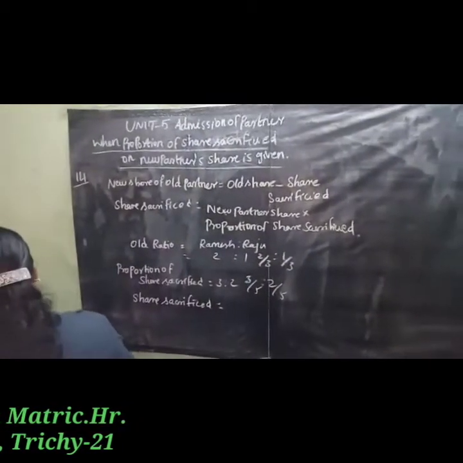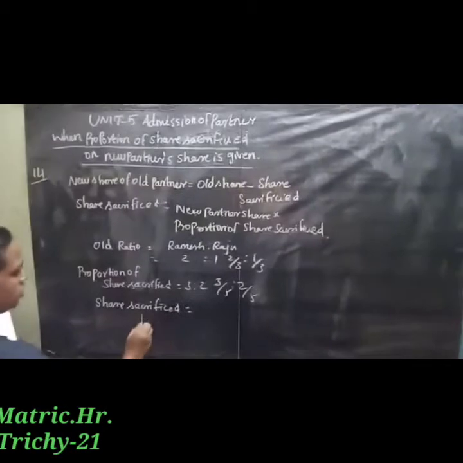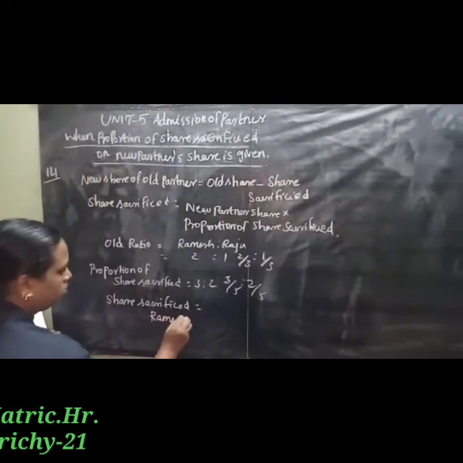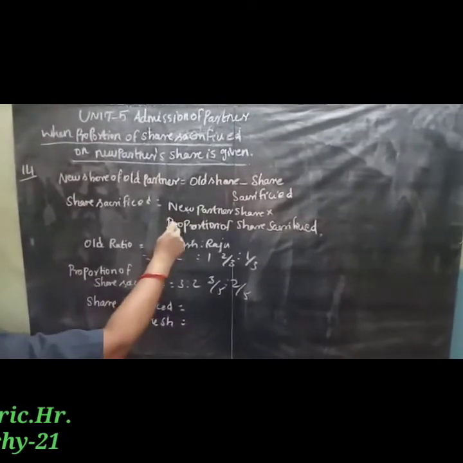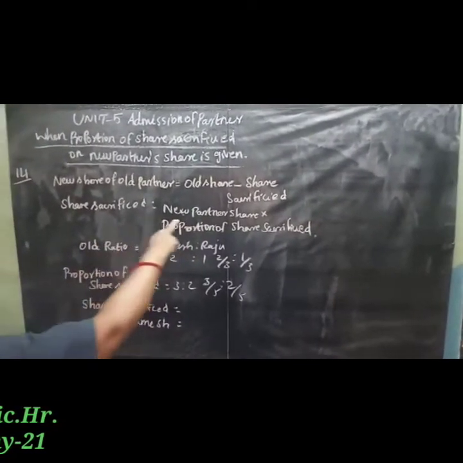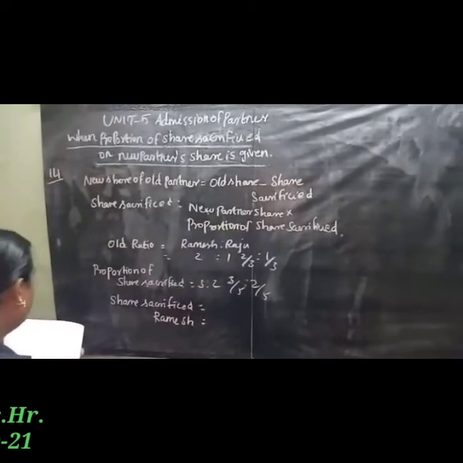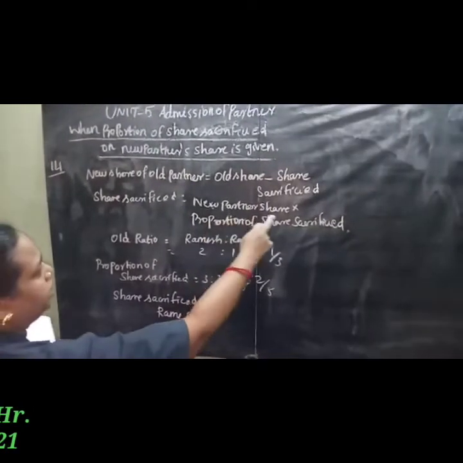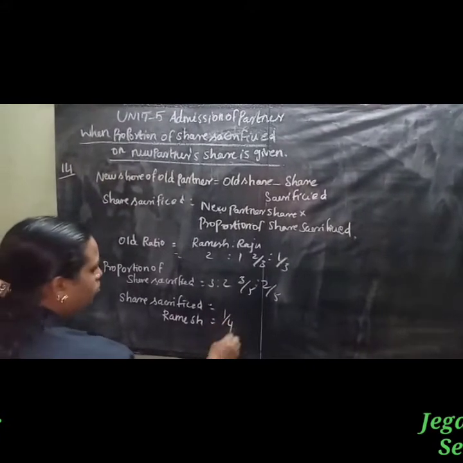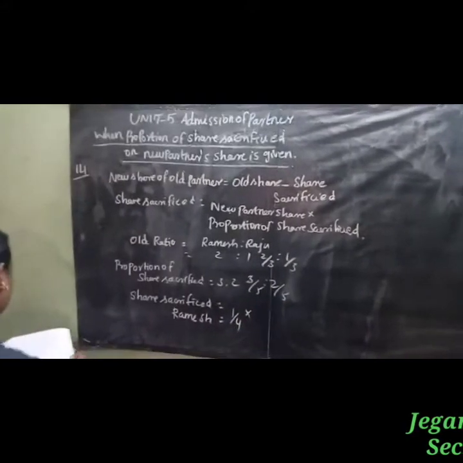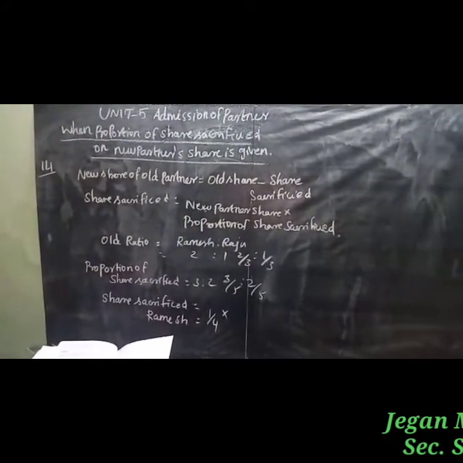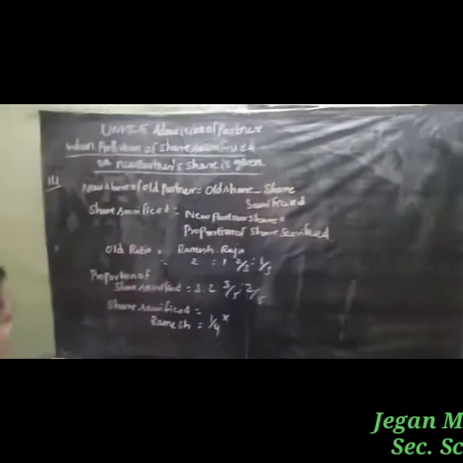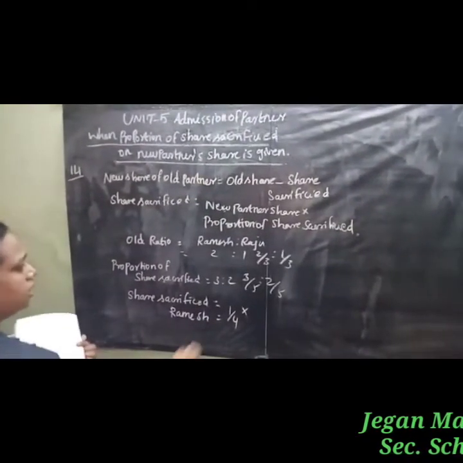So first we find the share sacrifice for Ramesh. The new partner share is 1/4, since they admit Ranjan into the partnership with a 1/4 share of profit. Then the proportion of share sacrifice is 3/5.